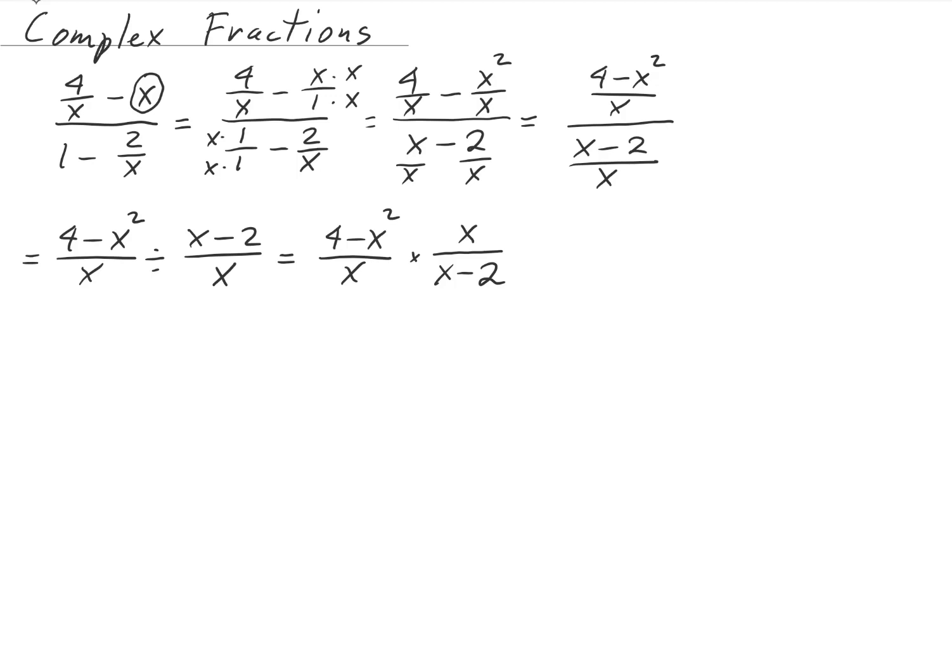Okay, and because we're multiplying, I can cancel this x on the bottom of the first fraction with that x on the top of the second fraction. And I get 4 minus x squared over x minus 2.